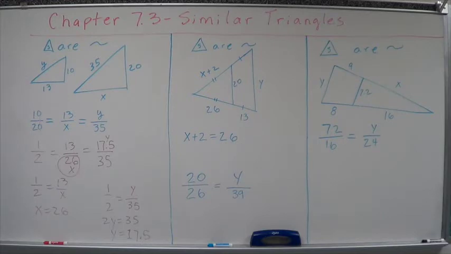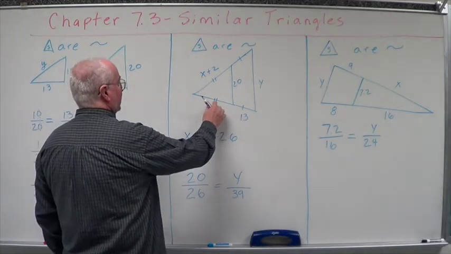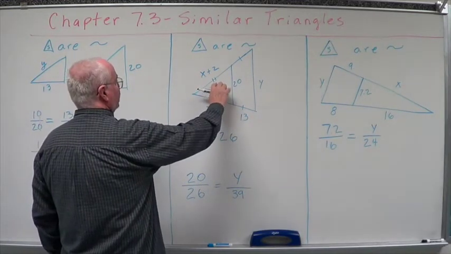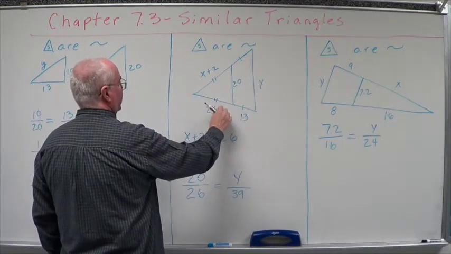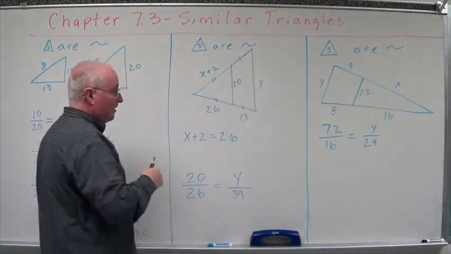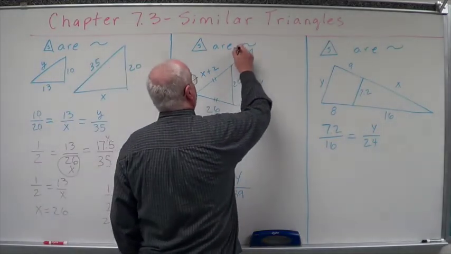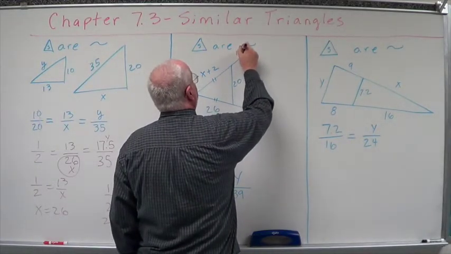Put up some equations that will help us out. We're told that this segment right here is congruent to this segment. That's what these two marks mean right here. We're told this segment, excuse me, is congruent to this one. So we know this right here is 13.